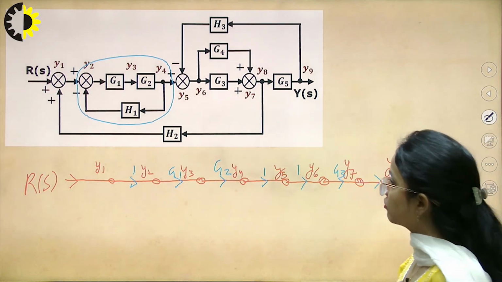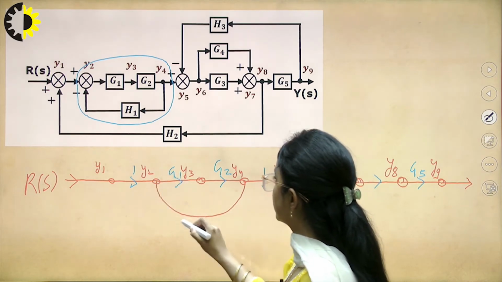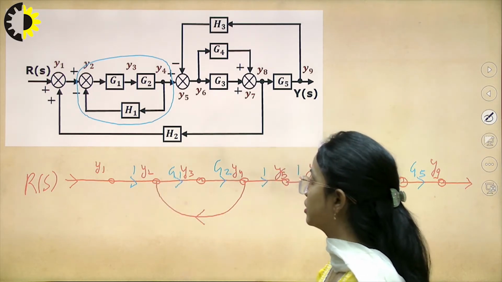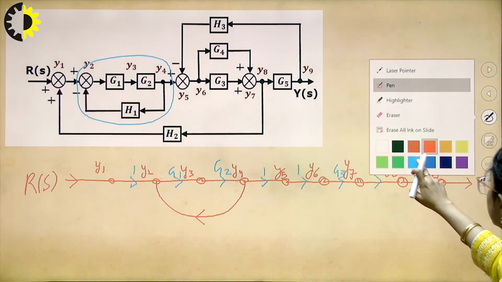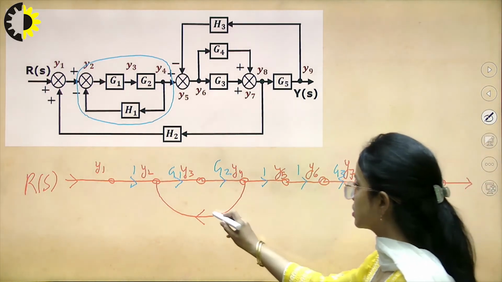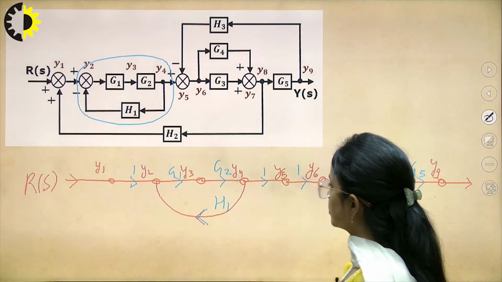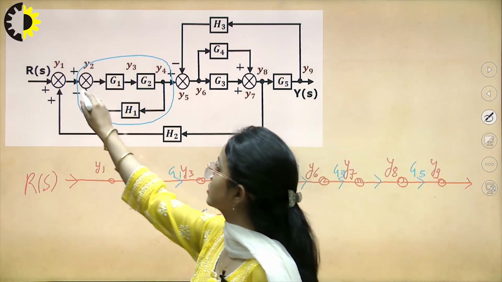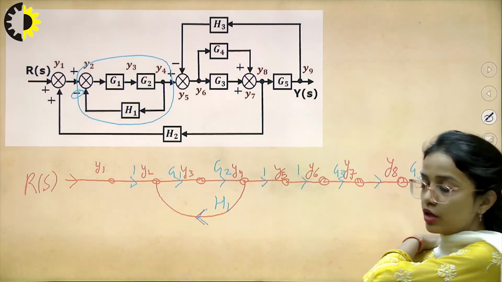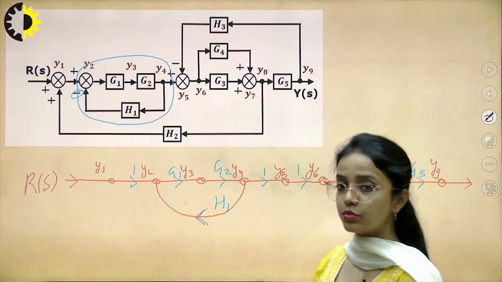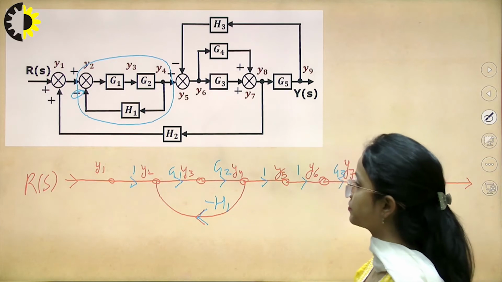So we have to start from y4 and enter into y2, and the gain for this particular path is h1. We have to signify this minus sign also, since we are not privileged with summation here. So this minus has to be incorporated somewhere. That will come along with h1, minus h1.